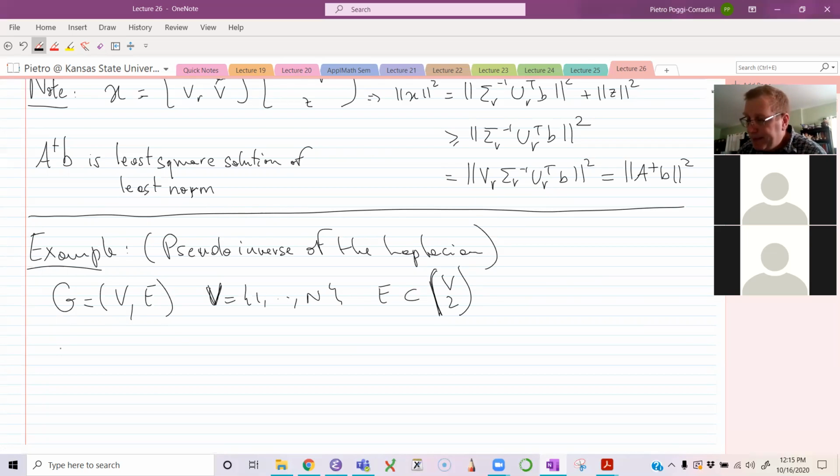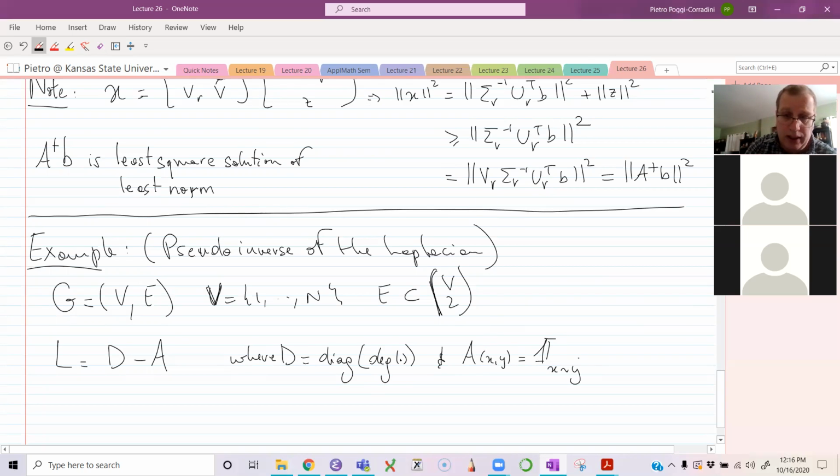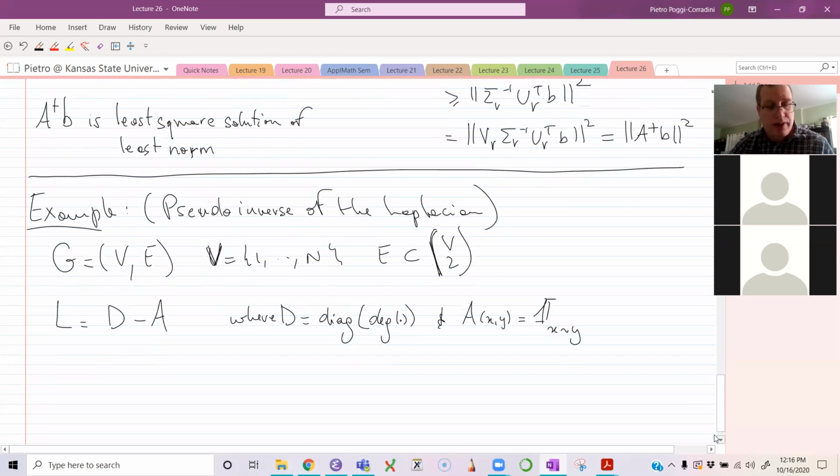And then the Laplacian, you can think of it as D minus A, where A is the adjacency matrix and D is the diagonal matrix of degrees. A is the adjacency matrix, meaning that it's either 0 or 1, depending on whether x and y are neighbors. That's one way of presenting the Laplacian.